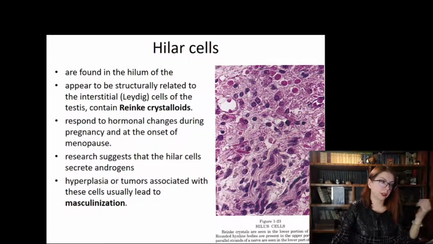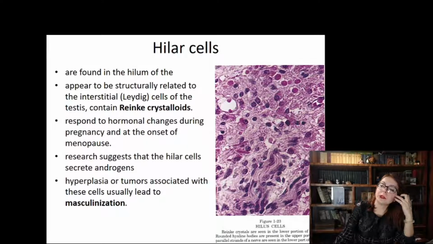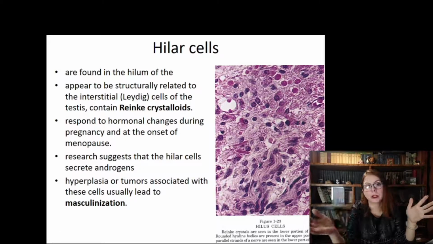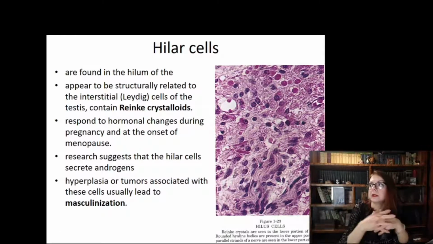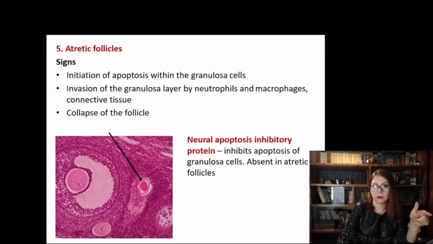They are responsible for the secondary sex signs formation during puberty, and also they perform an important role in the menopausal period. They produce androgens, and if they give rise to tumors, then the sign of such tumors is masculinization, so the formation of male signs. Why are hilar cells put here just after the atretic follicles?